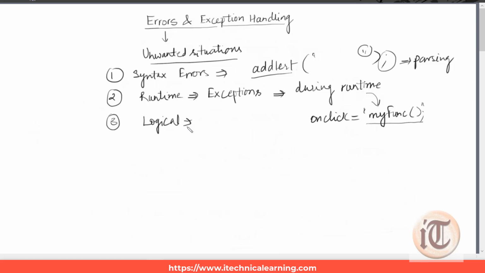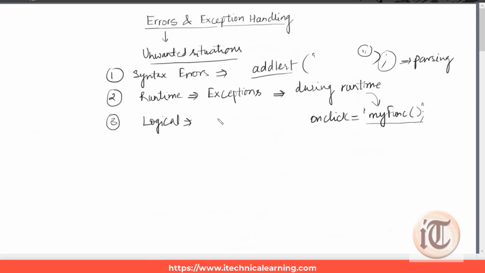The third category is called logical errors, and these are one of the most difficult types of errors to track. These are unwanted situations written by the programmer, so they are basically user generated errors.